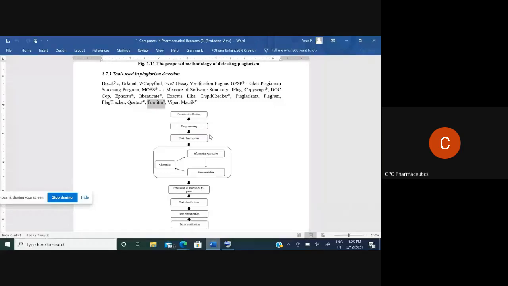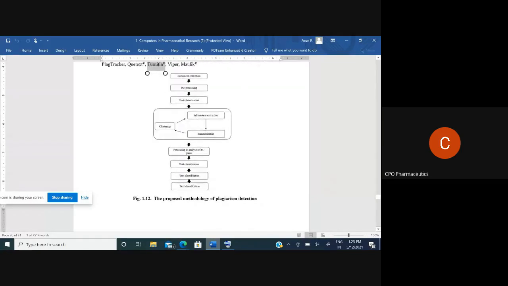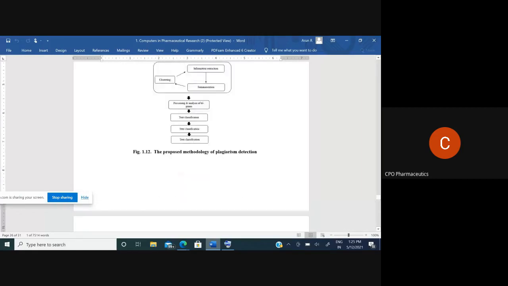If you give a paragraph, it will break the paragraph into lines, and the lines into words, and then tell whether the word is repeated in any research or not. Finally it will tell whether it is plagiarized or not. If it is plagiarized, then you did a copycat, which is not considered ethical research. So this is what happens.